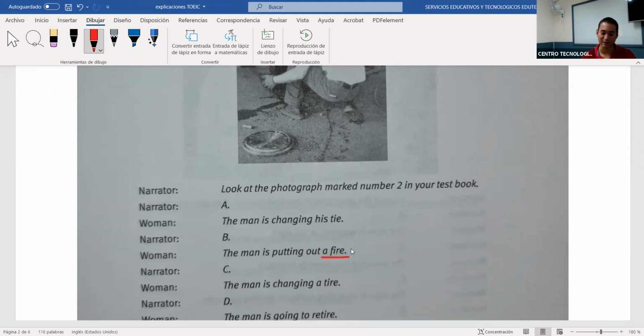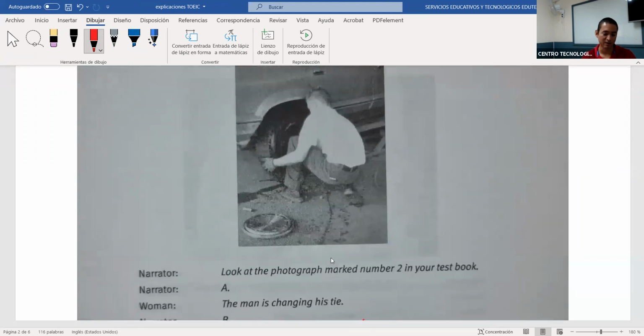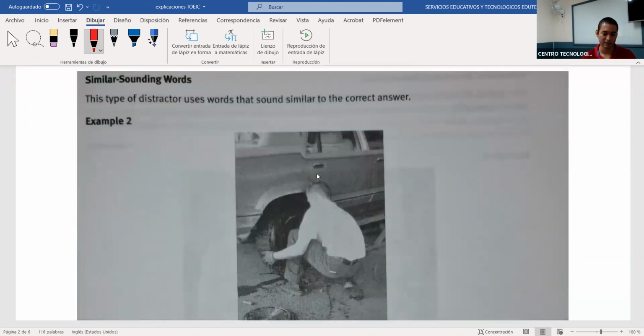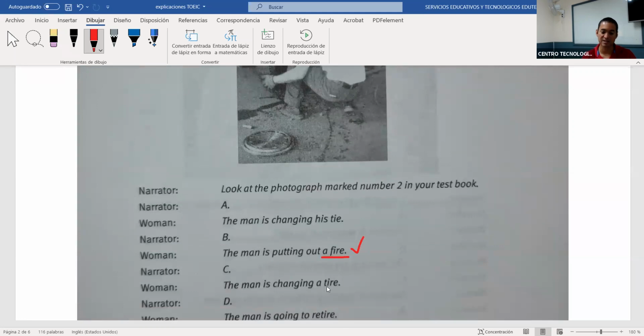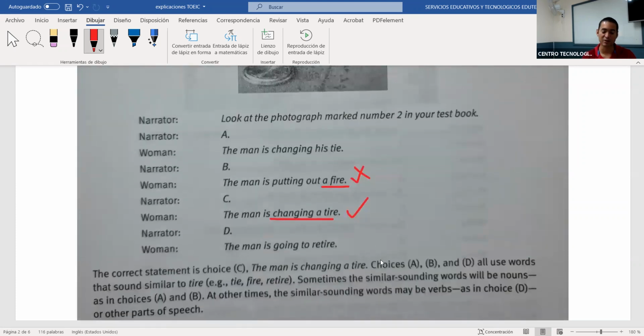So look at the second one. The man is putting out a fire. Actually, there's no fire here. So the word here is tire. So the man is changing a tire. Well, in this case, that's the action, he is changing a tire. And you see here, they continue playing and they try to trick people with this one.